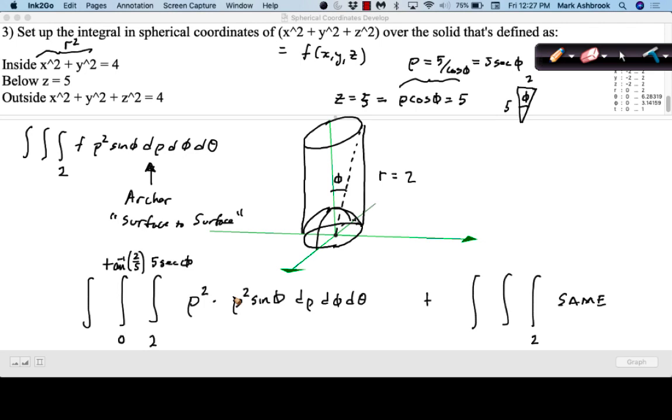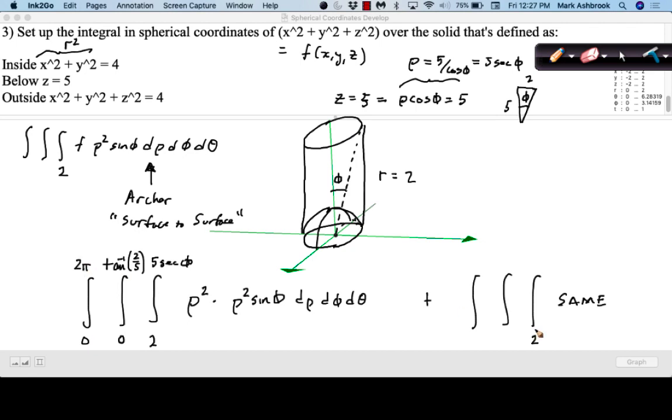For that range of angles, for phi 0 to arctangent 2/5, we exit out z equals 5, and that z equals 5 is the same as rho equals 5 secant phi. Okay? And then theta from what to what? That's easy. All the way around, 0 to 2 pi.